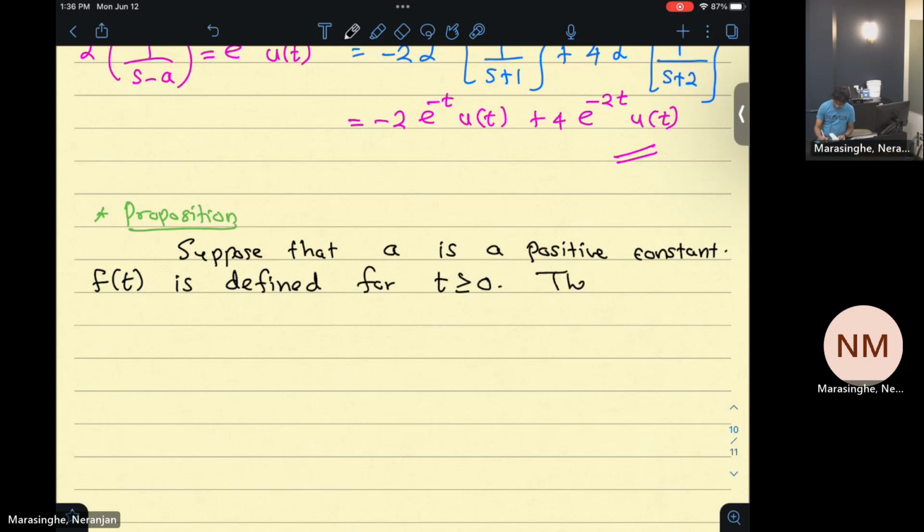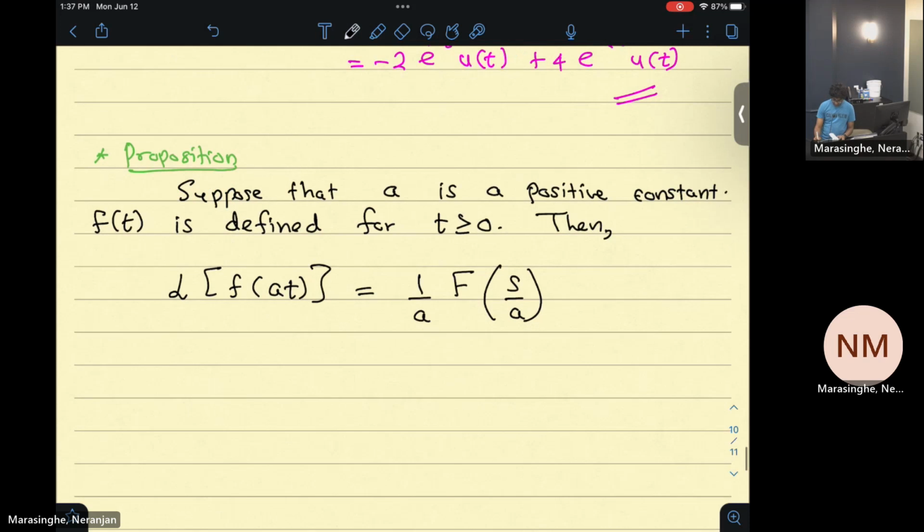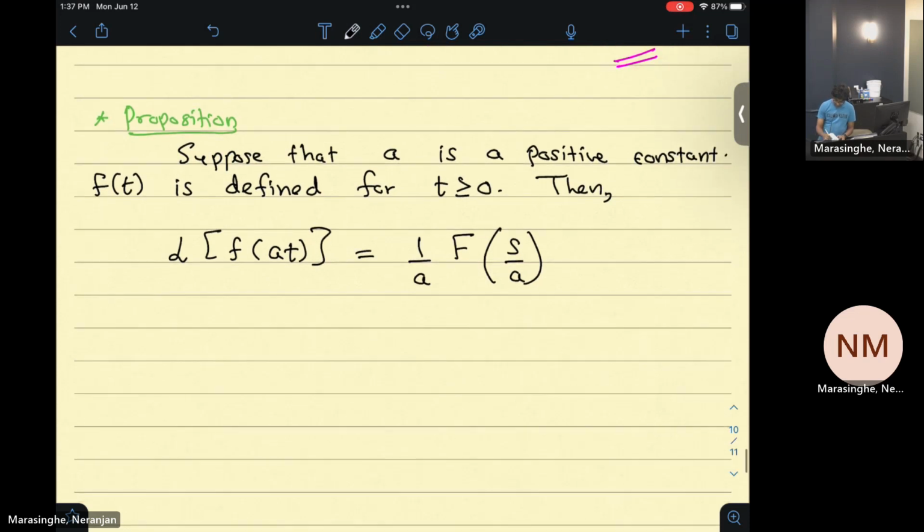Then the Laplace transform of f(at) is equal to 1 over a times F(s over a), where capital F is the Laplace transform of small f, right?